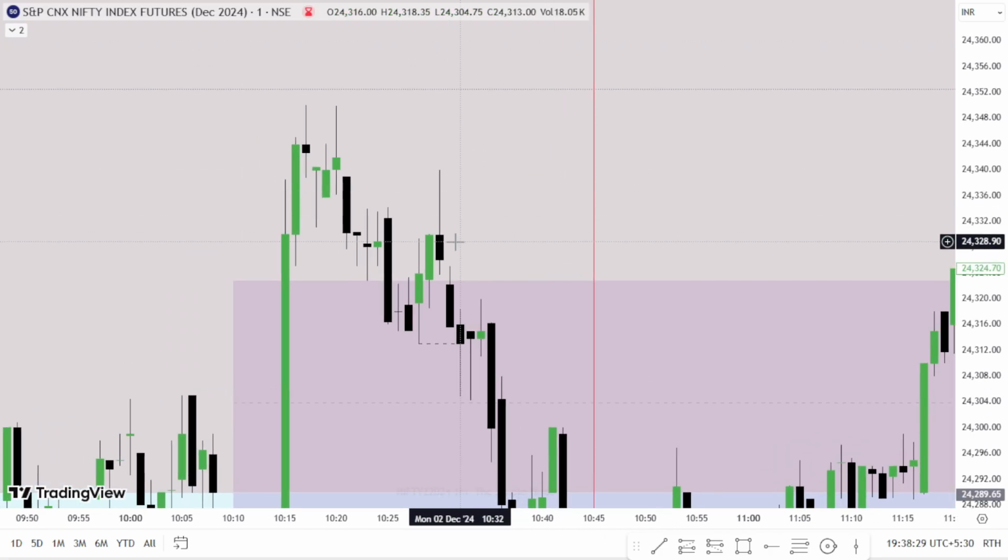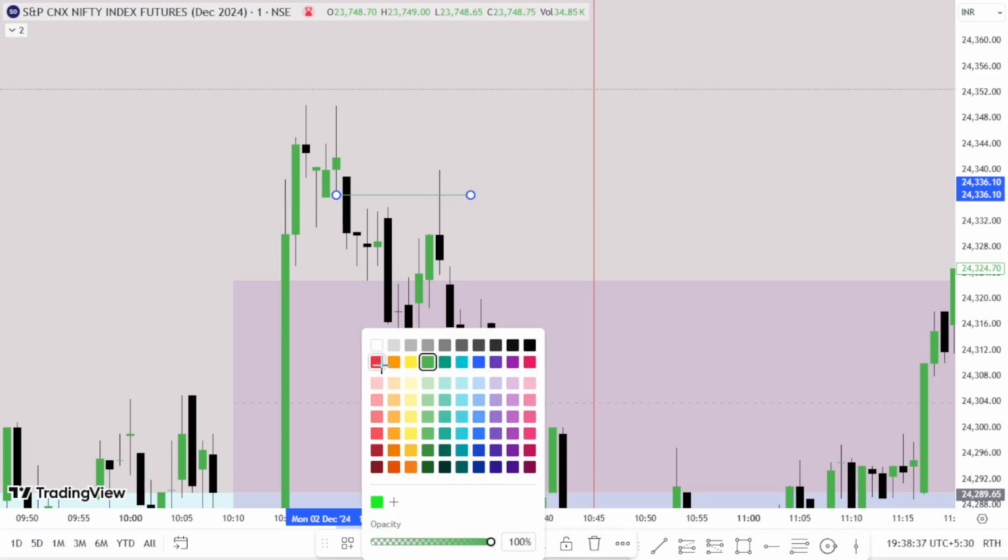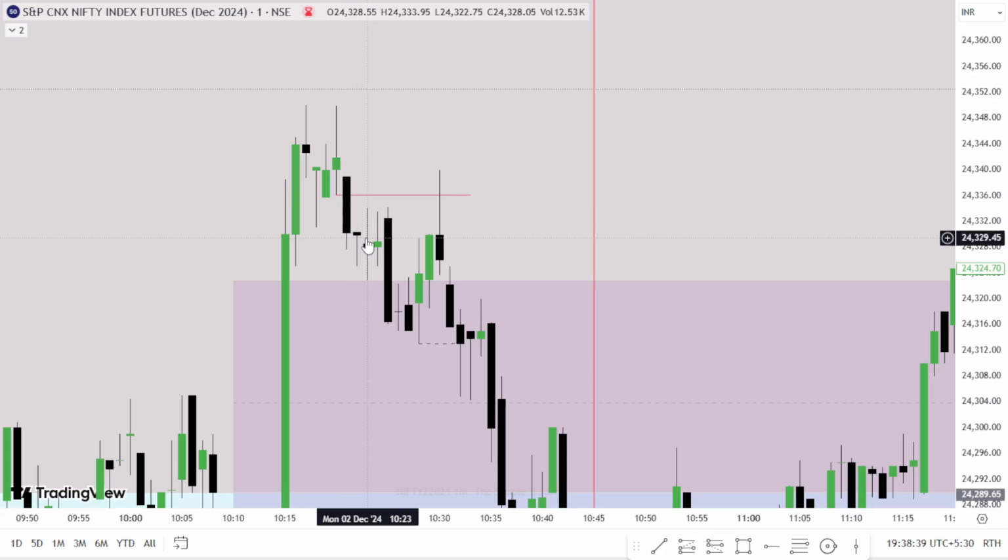Similarly, for a bearish fair value gap, the first candle's low should not hit the third candle's high. So this will be a bearish fair value gap.